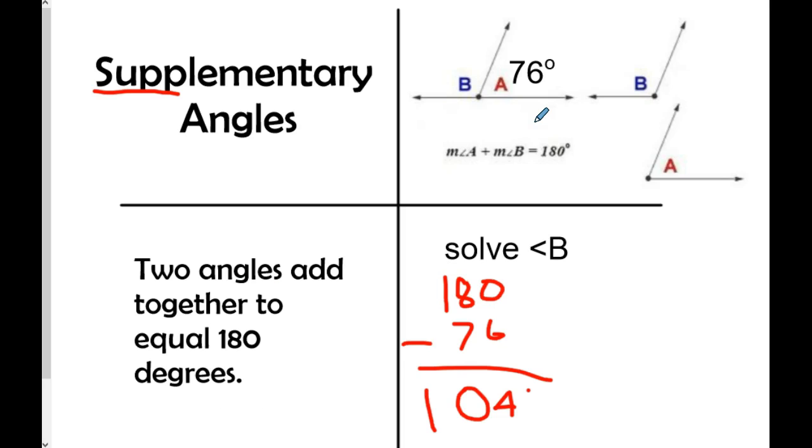Let's talk about supplementary, okay? Supplementary angles, whether they're adjacent and touching or whether they're separated, the only thing you need to know is that they add up to 180 degrees. So if you're looking for one and you have the other, subtract it from 180 and that'll give you the missing angle.